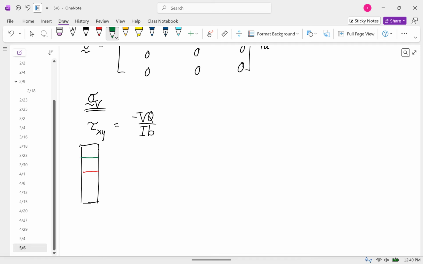Here's our line of interest. The area is this, and this height is 0.075. So the area is 0.075 times 0.05.